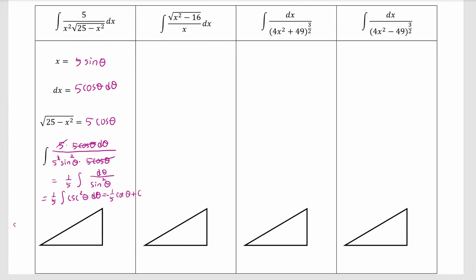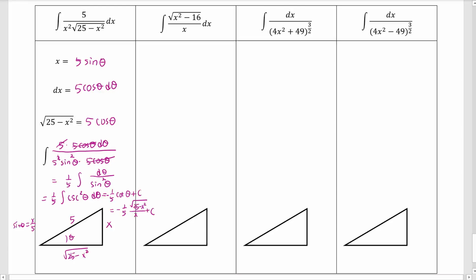Let's see, sine theta is x over 5, sine is opposite over hypotenuse. So adjacent is the square root of 25 minus x squared. So cotangent is adjacent over opposite. So this is how we solve it. Oh, we actually solved the problem. Okay, we can go over more.